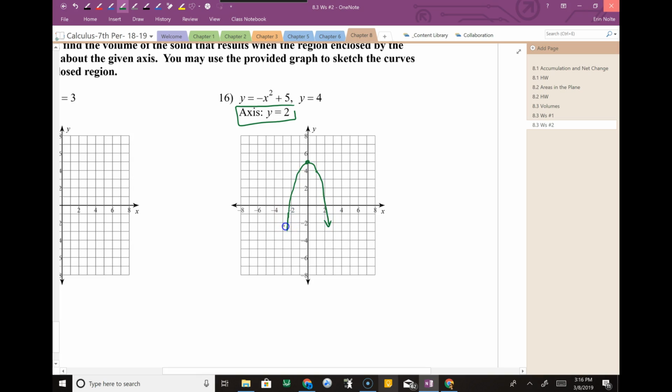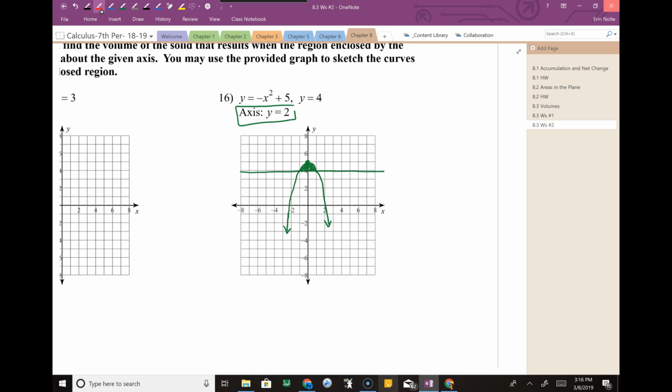Okay, if I was going to draw y equals 4, that immediately just binds in that little tiny area that kind of looks like a hat. Like a stocking hat. Oh, you guys see it?